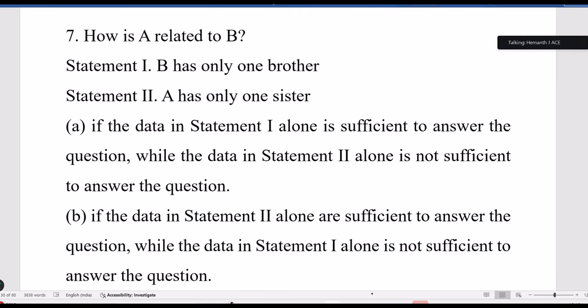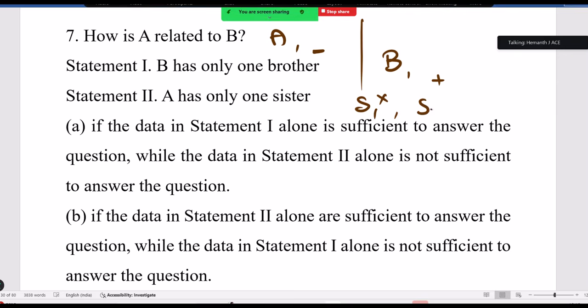B has only one brother, A has only one sister. But we don't say that A and B are brother and sister like that. That's the fun in this question. How are A and B related? One alone, two alone, put together also a waste. Don't assume, we need confirmation.